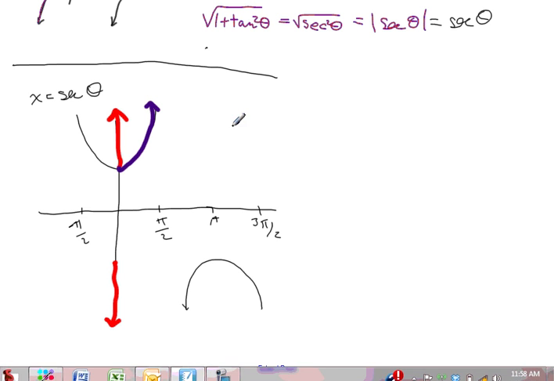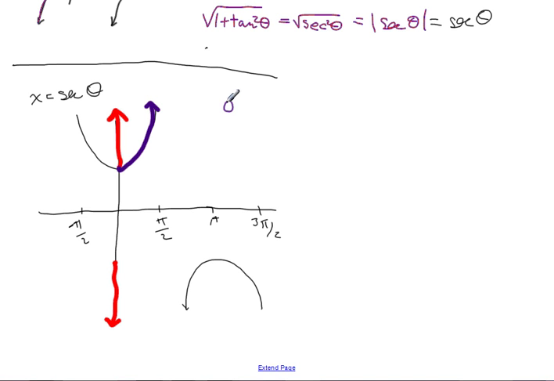So let's say the restriction is 0 less than or equal to theta less than pi over 2, because it can't equal pi over 2. And the question is, which half of this other bump do we get? Do we get this left half, or do we get the right half?